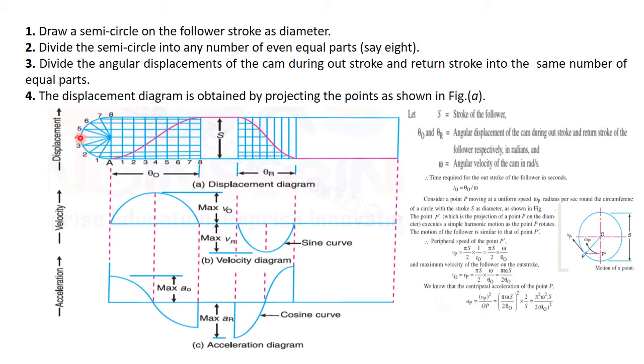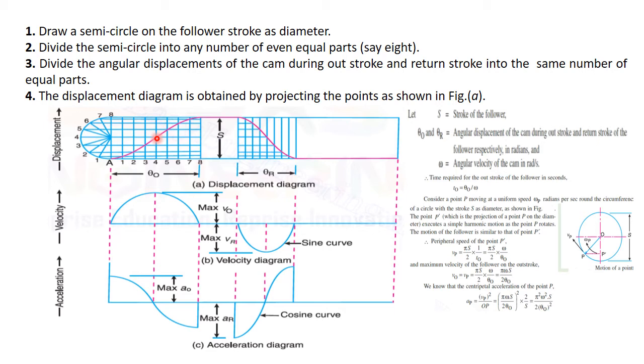Using the displacement diagram, we draw the velocity diagram of the follower. Here you can see that displacement is 0, therefore velocity will be 0. Here the follower comes into the resting position, therefore velocity will be 0.